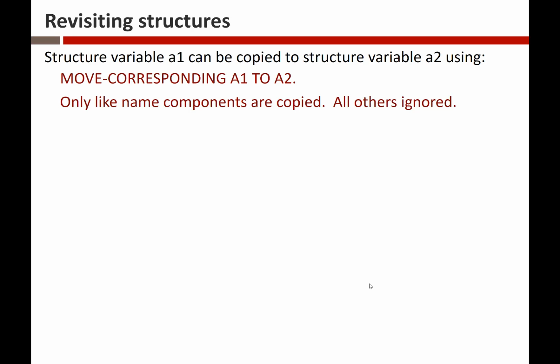Now, in this situation, if I do move corresponding A1 to A2, it will look for fields whose names match. So it will say number. There's no number over here, throw it away. Street, oh, this is going to go here. City, this is going to go here. State, this is going to go here. And the rest of this is just going to be left blank.